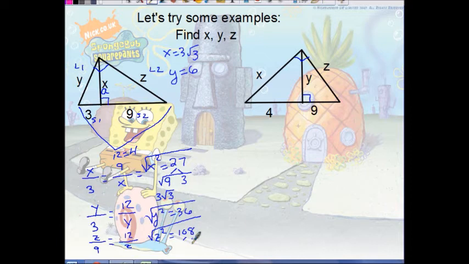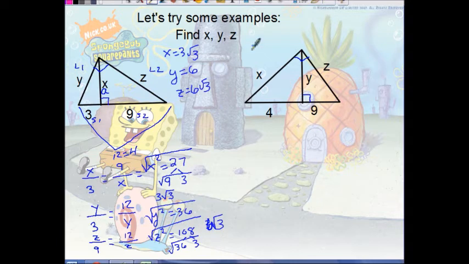The square root of 108, think about its biggest perfect square that divides in evenly. It's going to be 36 times 3. The square root of 36 is 6. The square root of 3 has to stay a 3. So Z is going to equal 6 square root 3.